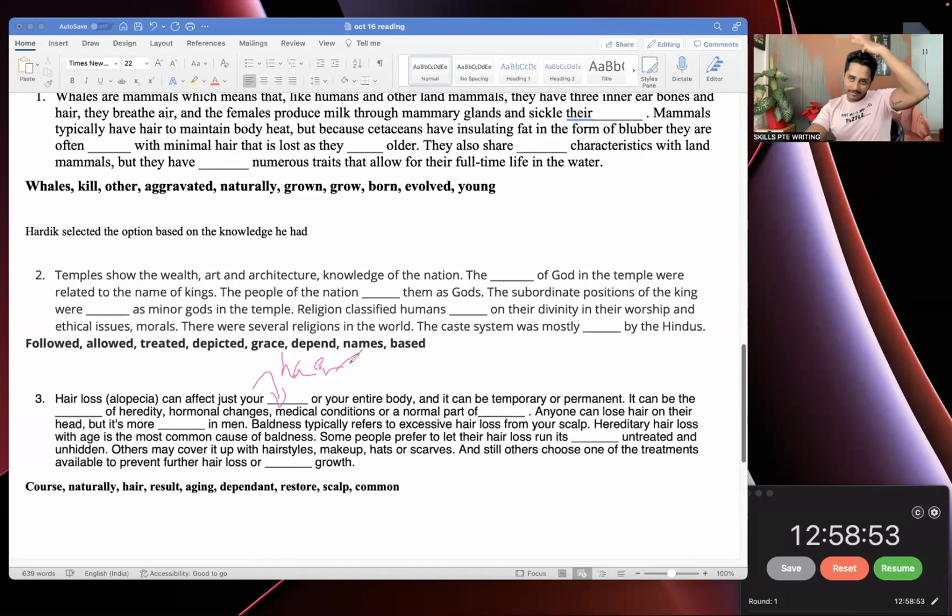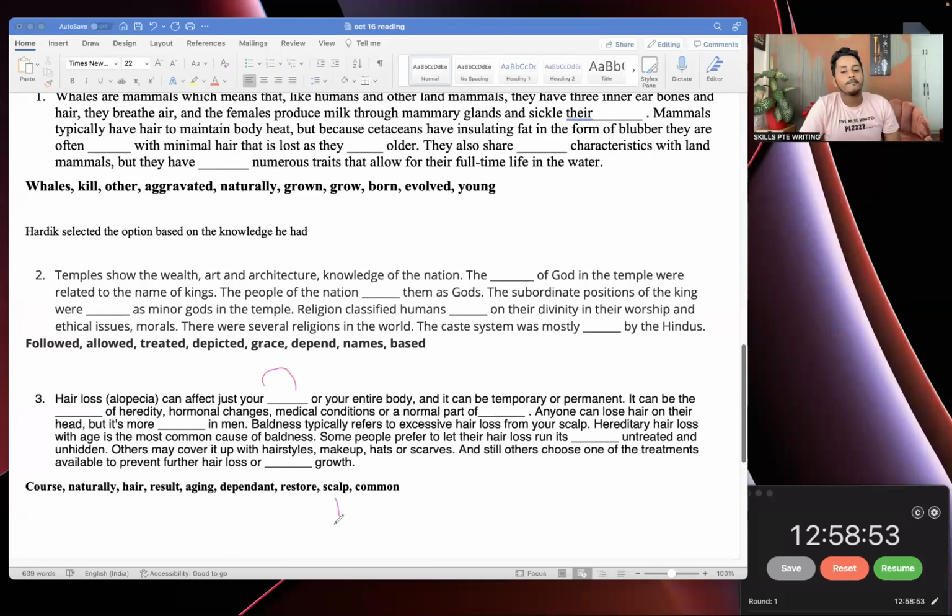Scalp is just beneath the hair. That part is the scalp. After your, a noun should come: your scalp. Hair loss can affect just your scalp or your entire body. You can lose the hair here, everywhere. Excellent. First one is scalp.